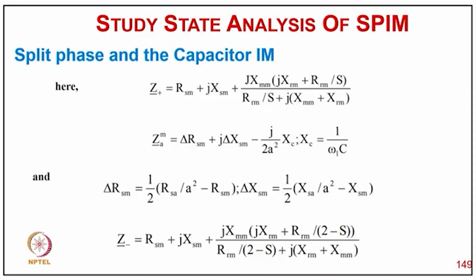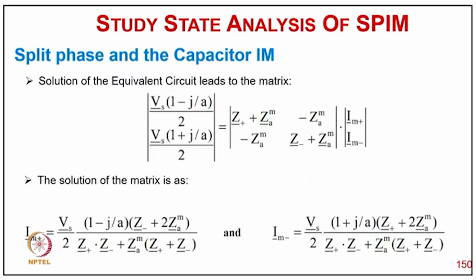Then you can go to the calculation for the split phase capacitor motor: Z plus equal to Rsm plus jXm in bracket (Rm plus Rsm by S) divided by (Rsm by S and jXm plus Xrm), and Zm equal to, referred to the main winding, delta R plus jXm minus j upon 2 a square Xc, and Xc equal to 1 upon omega 1 C, and delta Rsm equal to half Rsa upon a square minus Rsm, and delta Xm equal to half Xa upon a square minus Xm, and Z equal to Rsm plus jXm plus the parallel component jXm in bracket (jRm plus Rm by 2 minus S) over (Rm by 2 minus S plus j Xrm plus Xm).